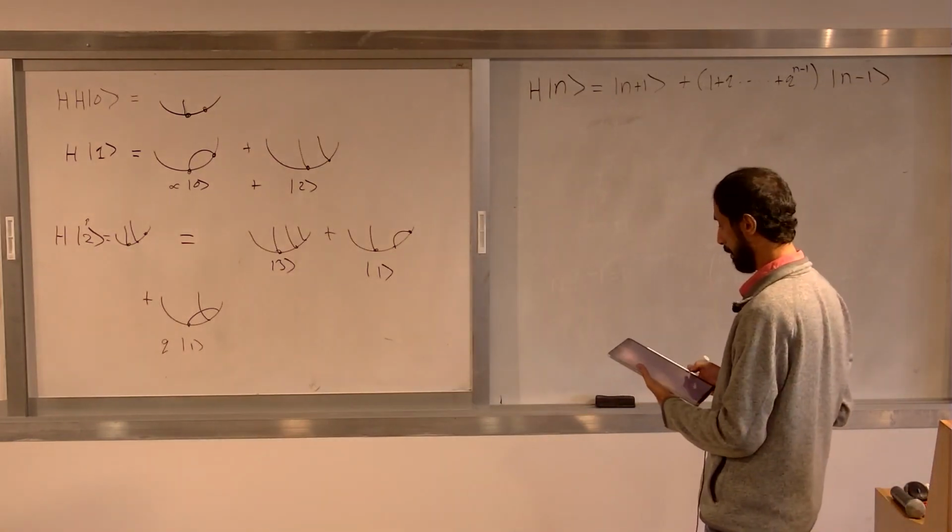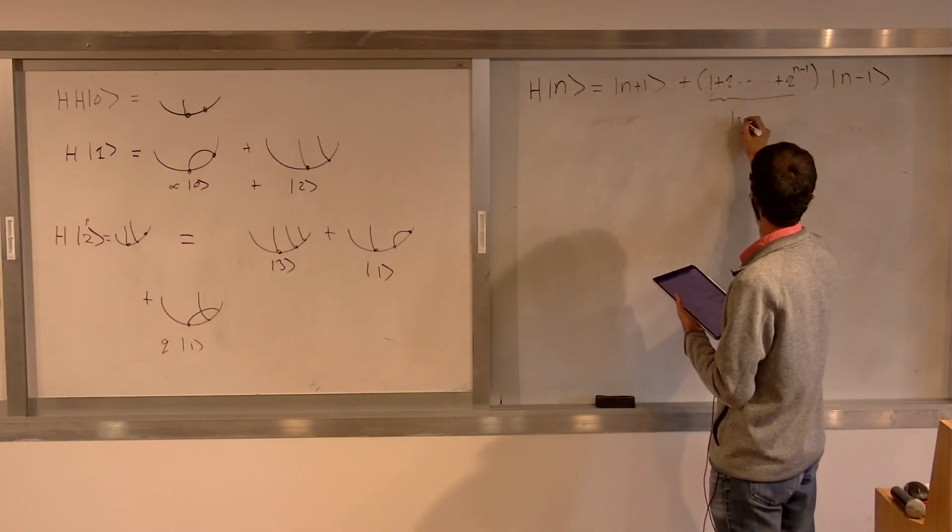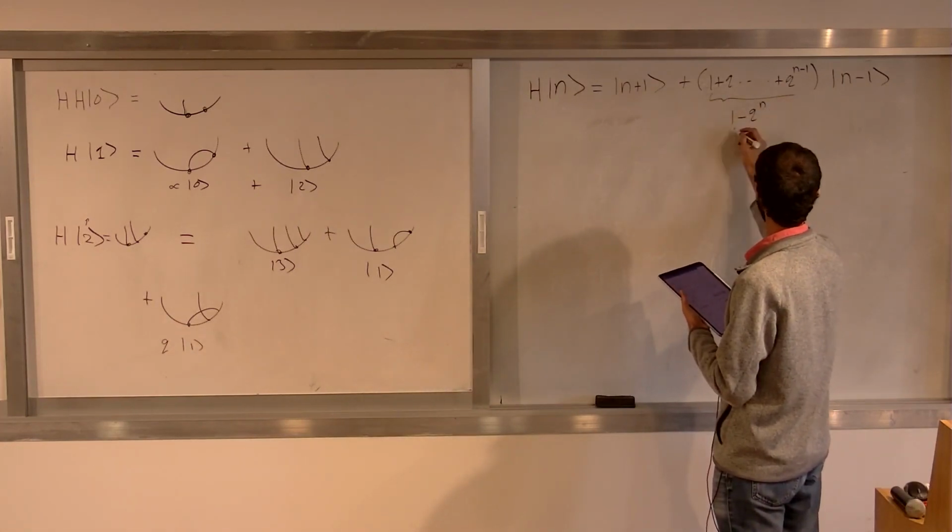This object here you'll recognize as 1 minus q to the n over 1 minus q.